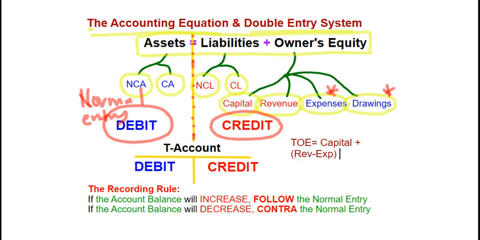And if there's any drawings by the owner, we will also have to minus it out. So all the components that you have to minus out will be considered as a contra account to your owner's equity. So these two accounts will always be debit.